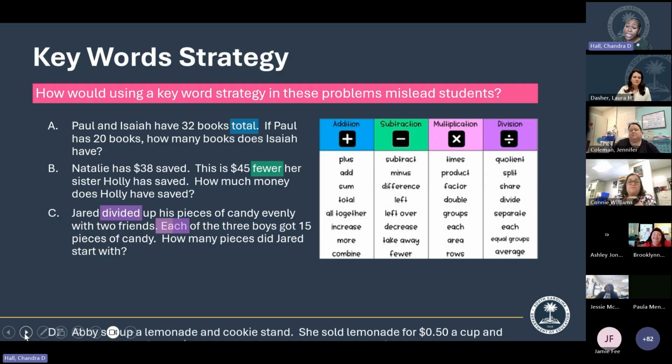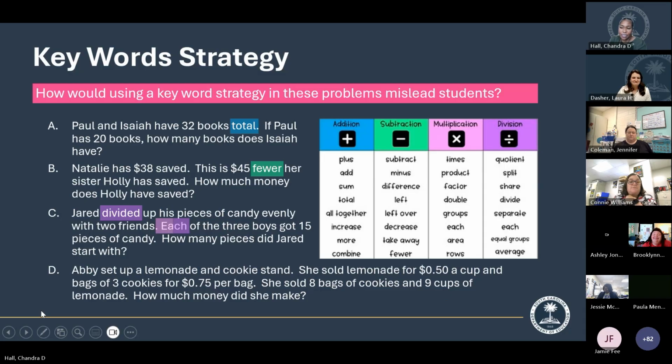And then if you look at D, what do you notice about D? Did you notice? Doesn't have any keywords. So what do they do then? Teacher, you told me to use keywords, but there's no keywords there. Now I don't know what to do.